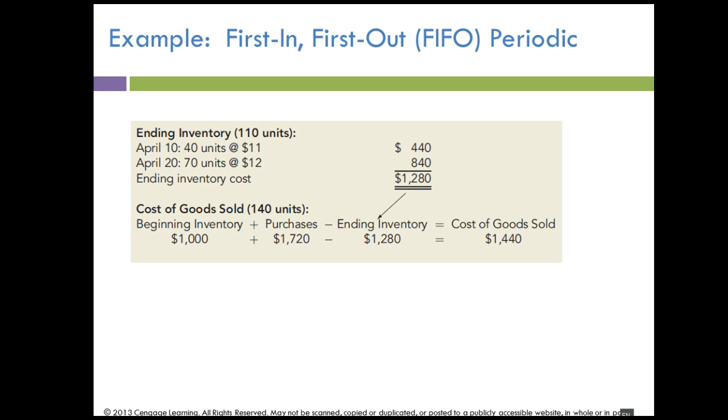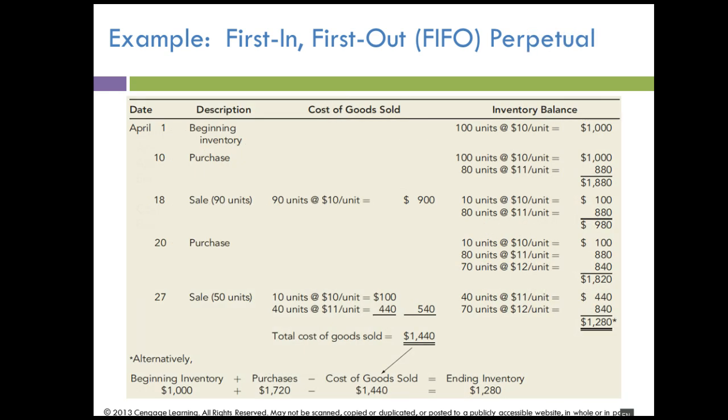We would show the cost of goods sold to be those items that we started our inventory with, plus the purchases from April 10th that were in the earlier portion of goods. We would show those to be sold also.